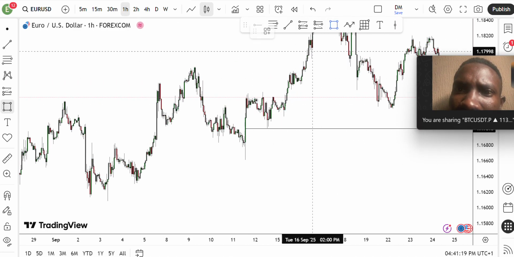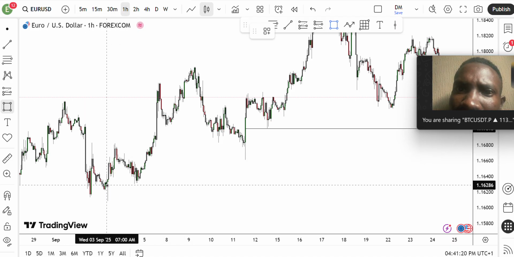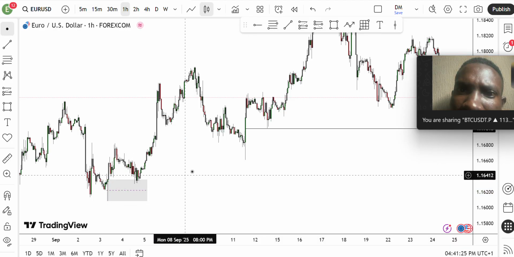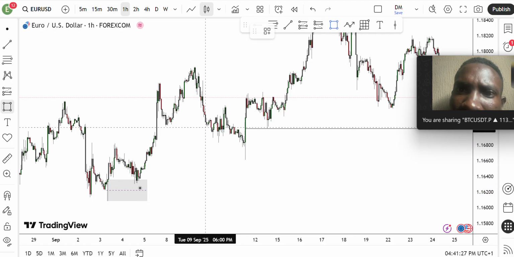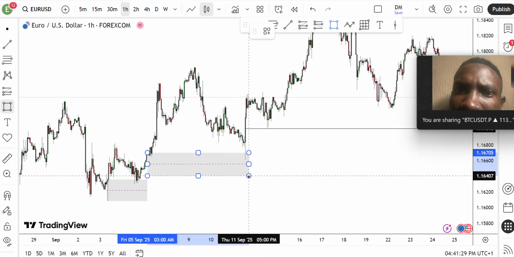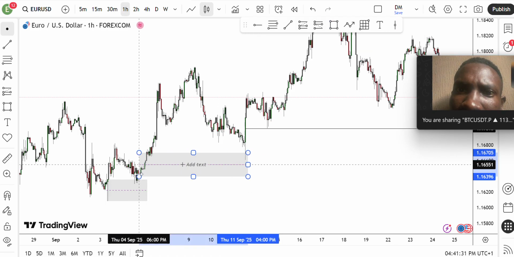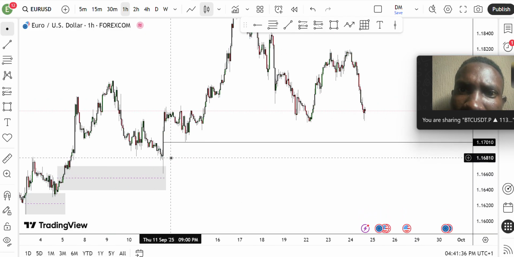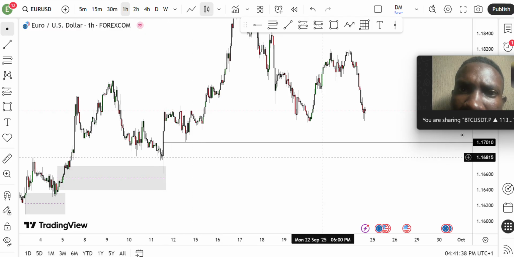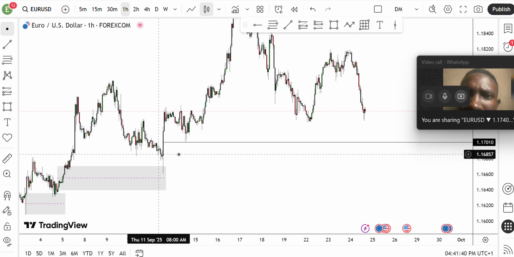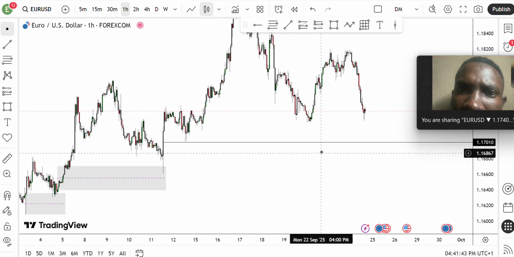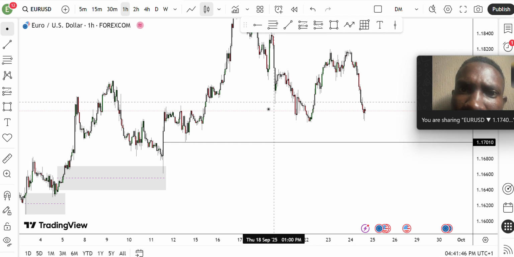Let's say this one tapped in here, and then this one came and tapped inside here. So in that example, you say that this is our demand zone. Price might decide to come there as many times as it likes, and probably use it as a demand zone. So that's just the difference.